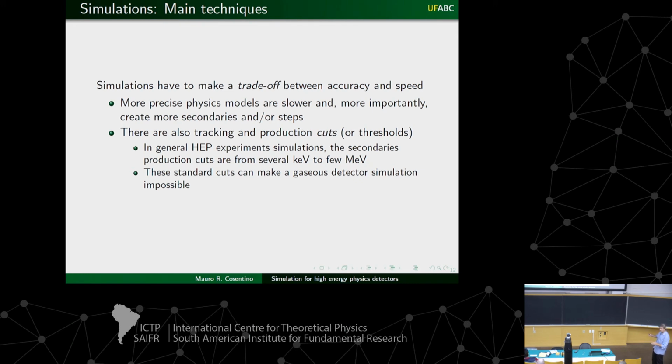There are two things that can slow or speed up the simulation: the model that you use and the thresholds I just mentioned. If you put standard cuts, for example, you may make a gaseous detector simulation impossible, because the ionizations are in the range of electron volts, and the standard cuts are in the range of tens of kilo electron volts.